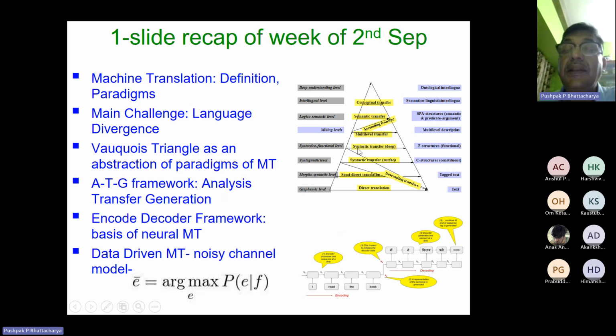Okay, and it is very instructive for all of you to sit down with the triangle and take language pairs and see if you are required to do ascending transfer. In ascending transfer, we go from one level of analysis to a much higher level on the target side.